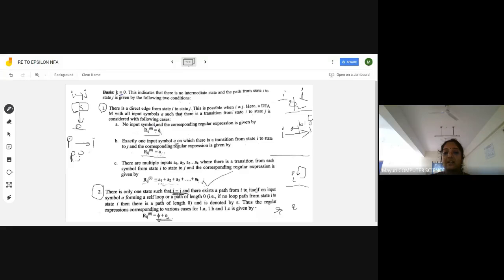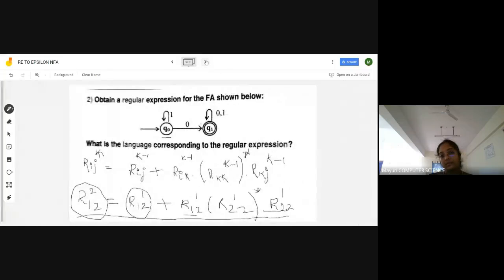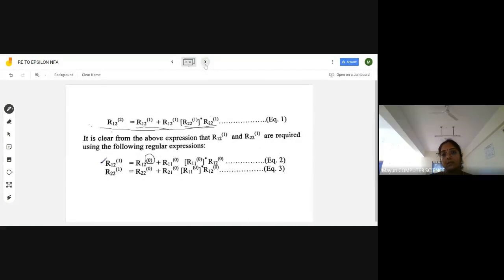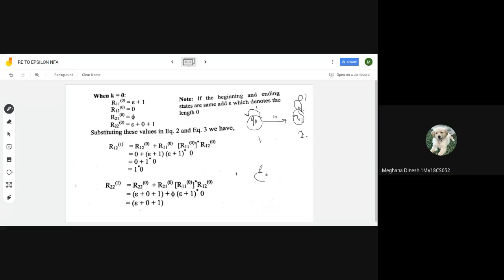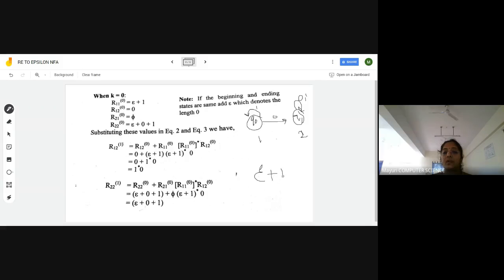My start state and final state both are the same. When I'm traveling from the state to the same state itself, I have to include an epsilon with the input. Now, what is R_11^0? I'm traveling from 1 to 1, meaning Q0 to Q0. What is the input? 1. How do you have to write it? Epsilon plus 1.